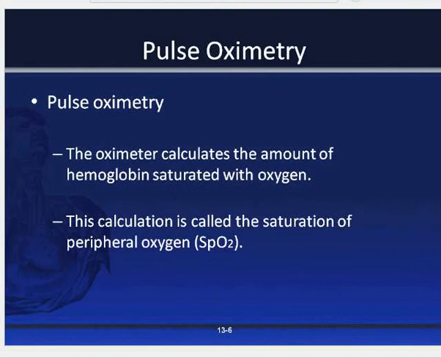Most of the body's oxygen is attached to hemoglobin molecules in the arterial blood. Hemoglobin absorbs red and infrared light waves differently when it is bound with oxygen than when it is not. The oximeter calculates the amount of hemoglobin saturated with oxygen. This calculation is called the saturation of peripheral oxygen, or SpO2. The oximeter displays this value as a percentage on its screen, as well as the patient's pulse rate.